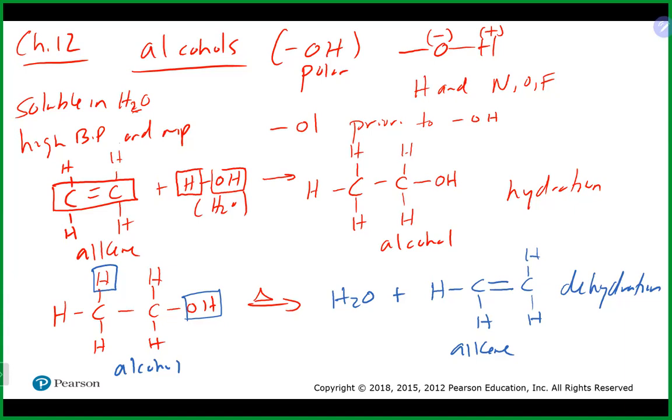So the hydrogen should always end up, when you're adding in something like water, on the carbon that has the most hydrogens to begin with, if there is an option. We didn't have it in this case, but for example, if there was another carbon on the right and there's an option where you could take off the hydrogen, it comes off the one with the least, to make the double bond and make the alkene coming back, if we should have that situation. Any questions on either of those reactions there?